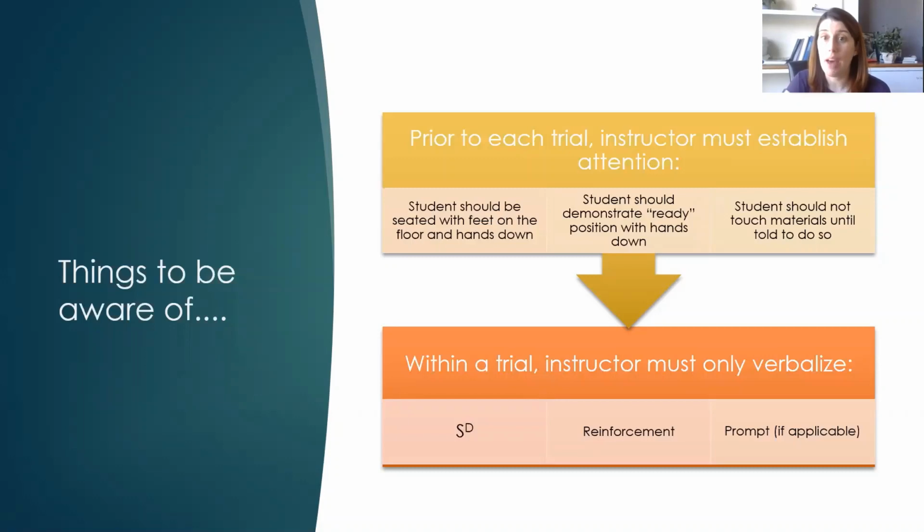You would want to make sure that you have a ready response established from your students. And they should know that they should not touch materials until told to do so. Those are the prerequisite skills prior to even beginning any academic discrete trial instruction.